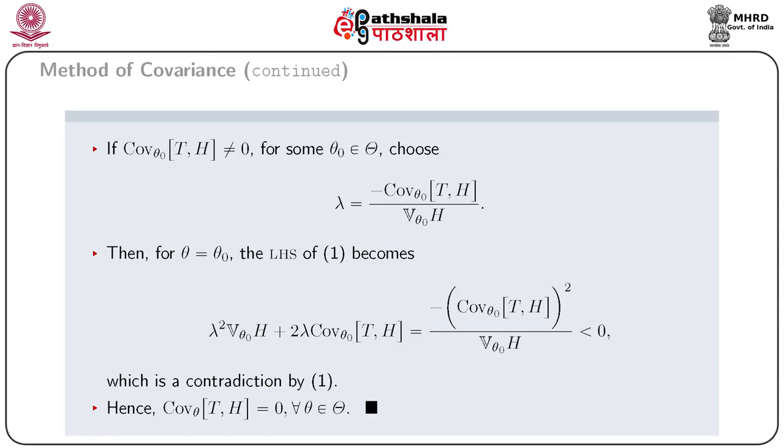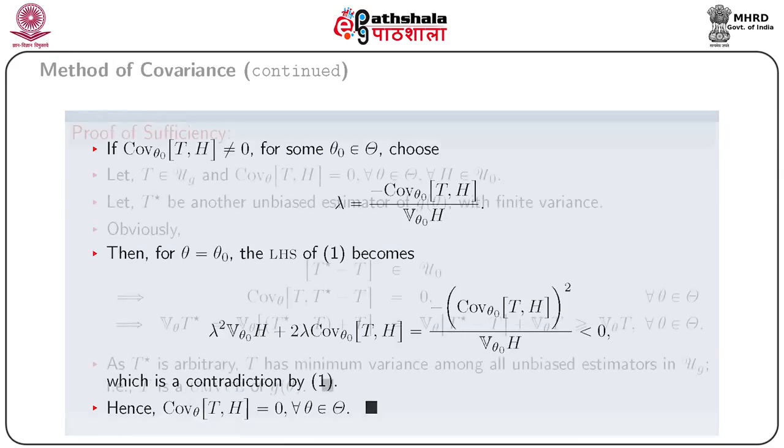This contradicts 1 for theta equal to theta_0. Hence, covariance of T and h is equal to 0 for all theta belonging to Theta.